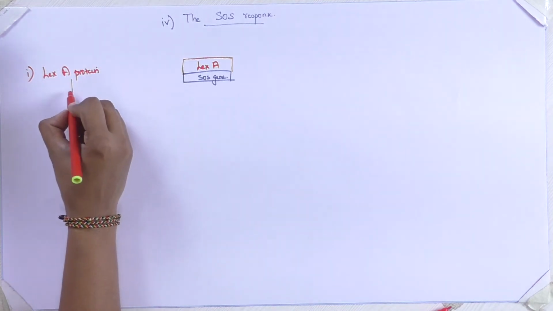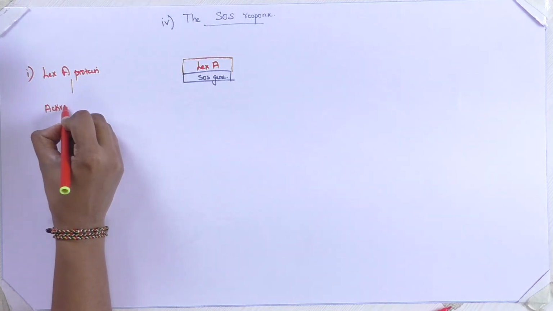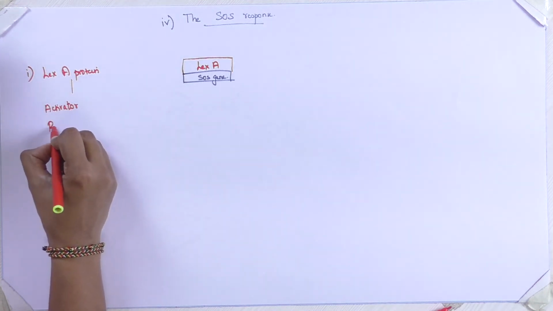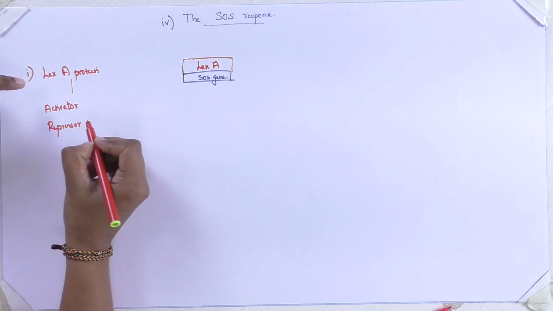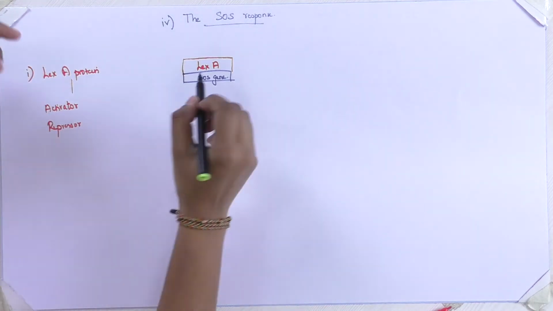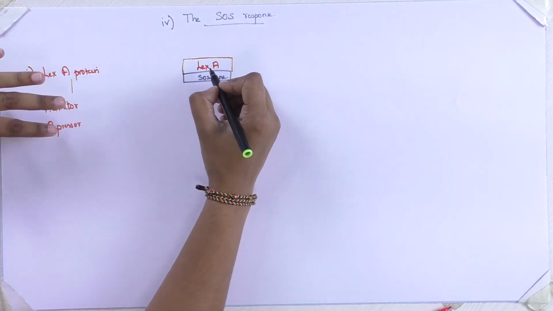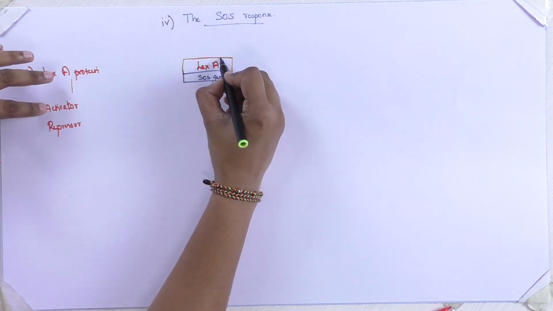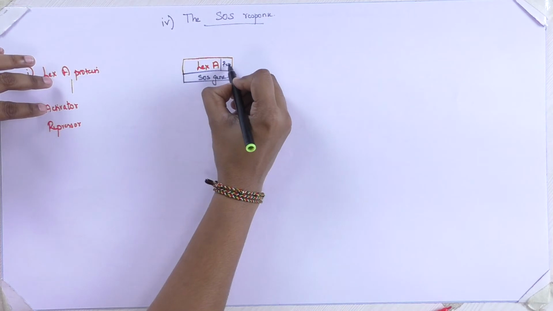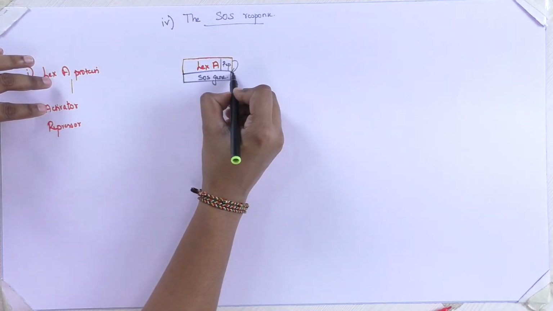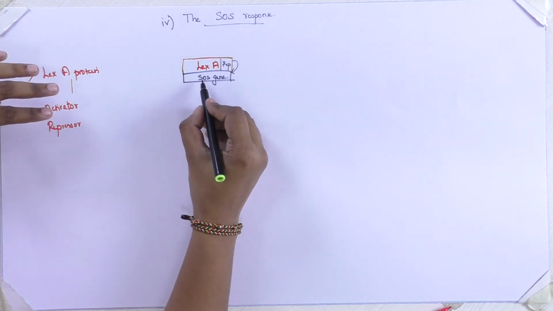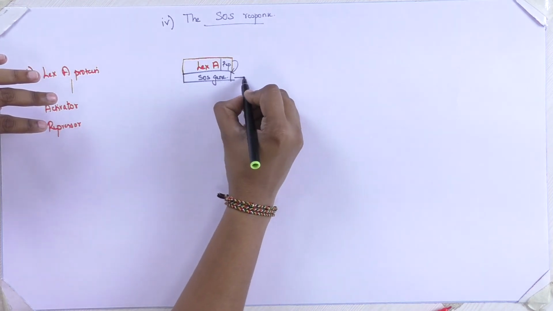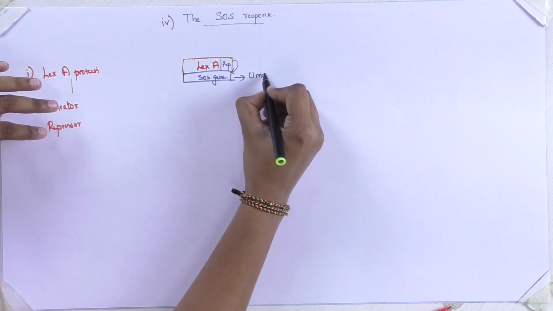It also has two sites, an activator and a repressor site. The repressor site is activated, whereas the activator site is suppressed. So your repressor molecule is activated, which is going to repress your SOS gene. For example, this SOS gene is given as UmuCD.